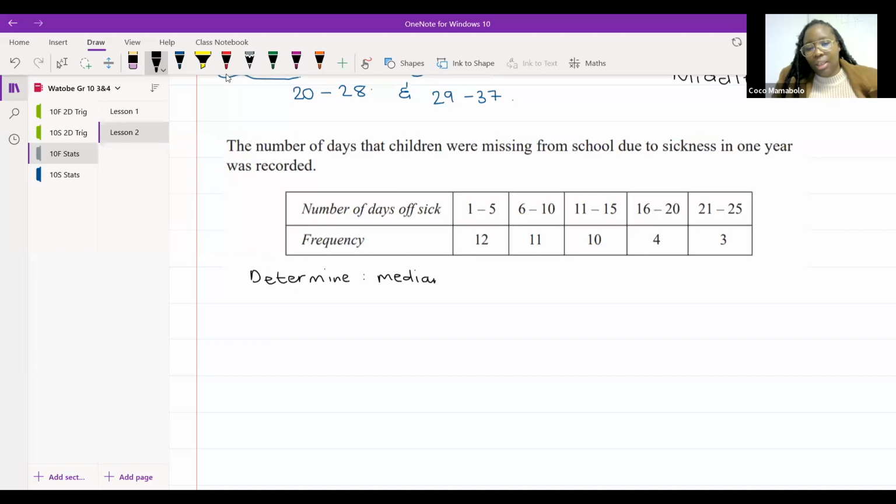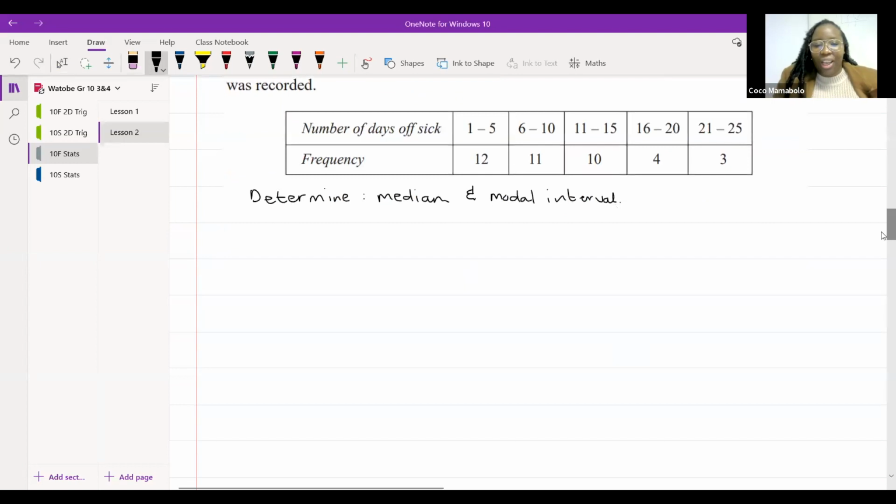Now, I don't like it when it looks like this. I want it the other way, so I'm going to add in my own little table. I want it this way so that I can calculate my cumulative frequency nicely.